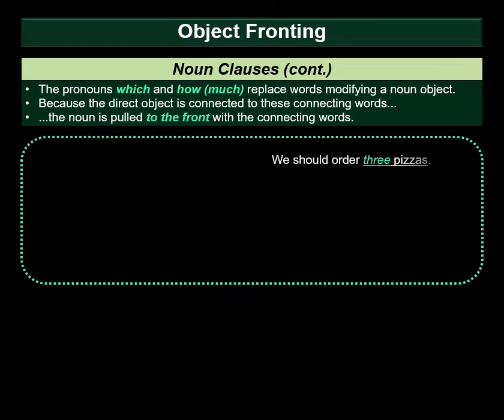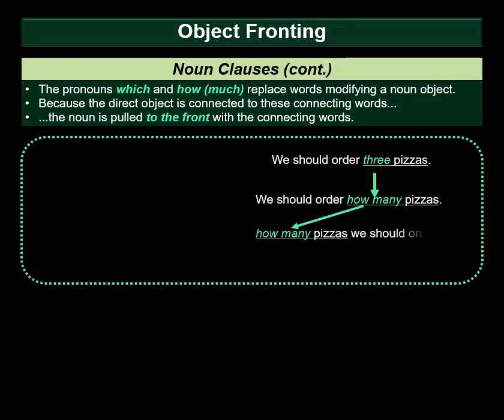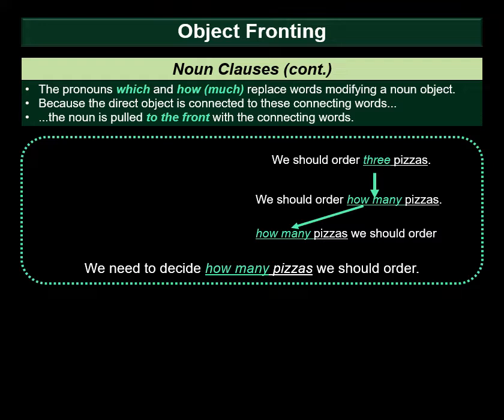So, for example, we should order 3 pizzas. 3 becomes how many, but it's connected to pizzas. So when how moves to the front, it brings many and pizzas with it. So how many pizzas we should order. So now the new sentence, we need to decide how many pizzas we should order. So not just a connecting word, but everything connected to the connecting word moves to the front.